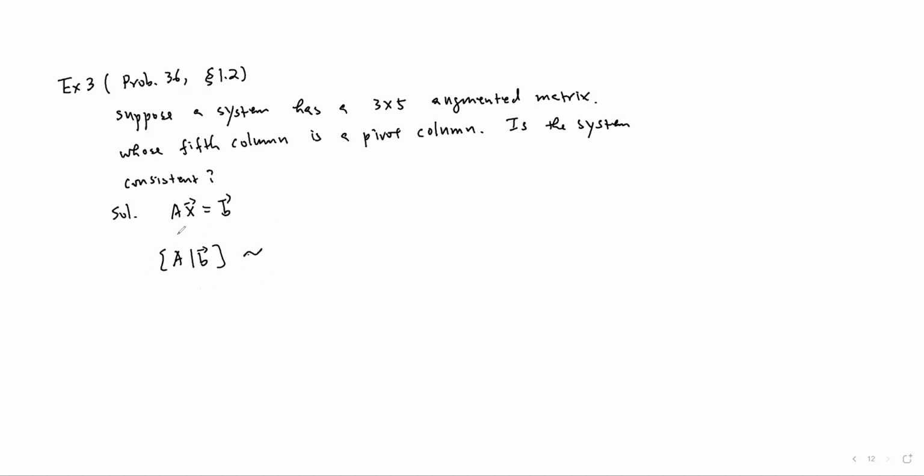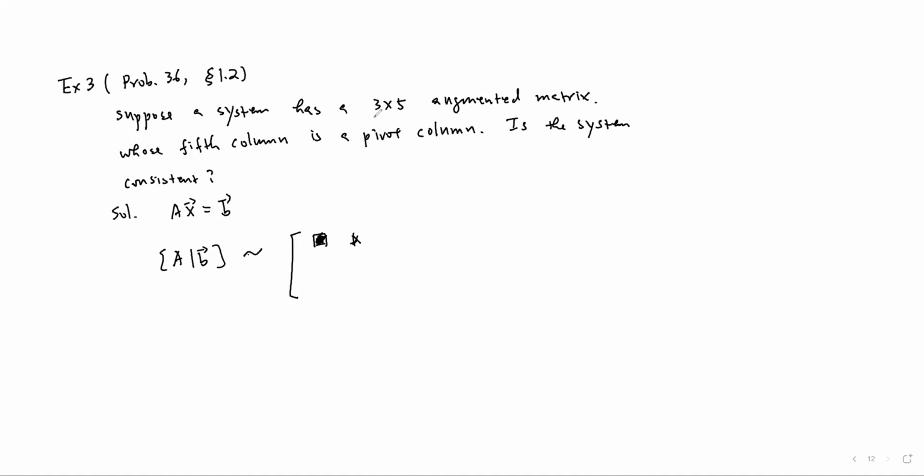After I reduce this augmented matrix to echelon form, I don't know, there are many possibilities. Suppose here is non-zero. A star means 0 or non-zero.